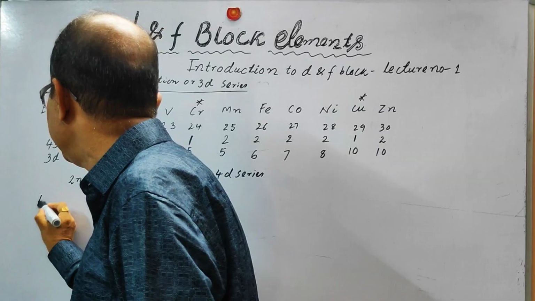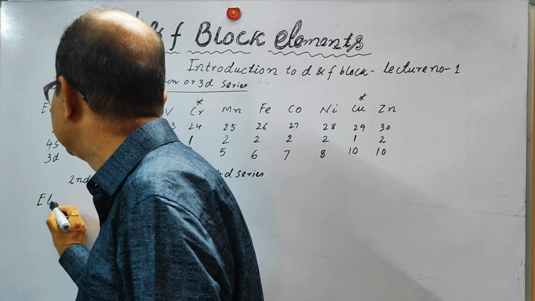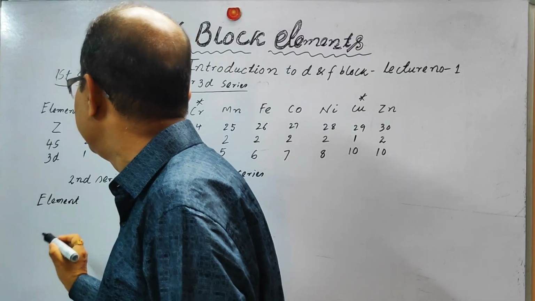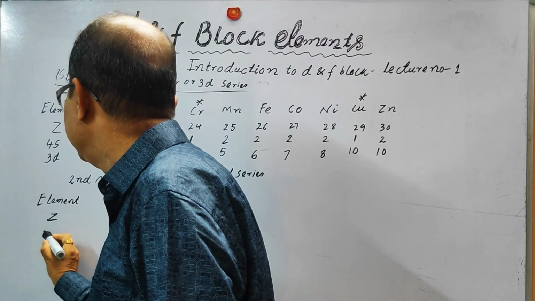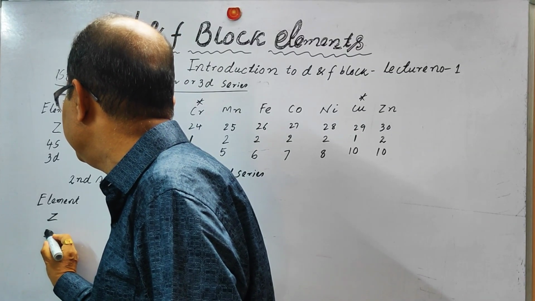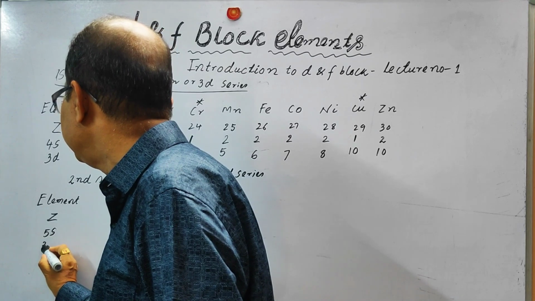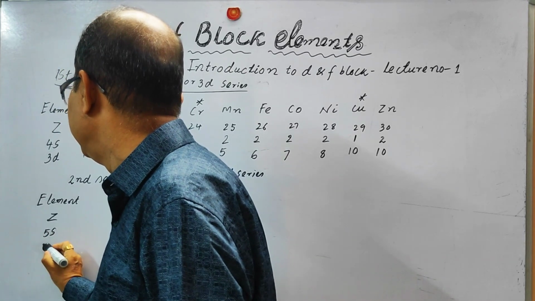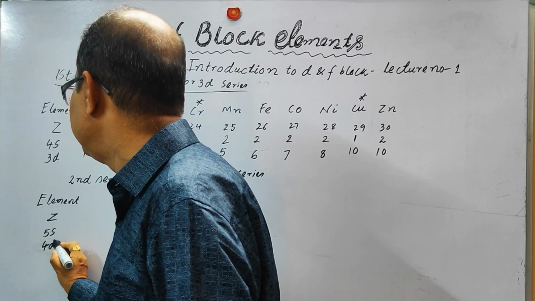Here also, in the same way, we will write all those elements. This is the element, and its atomic number. Here the 5s will be filled first, then the 4d. So 5s and 4d.